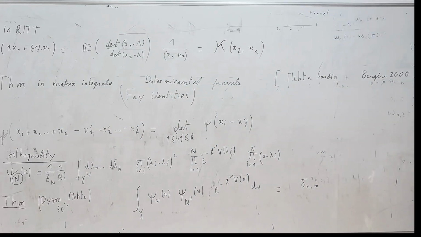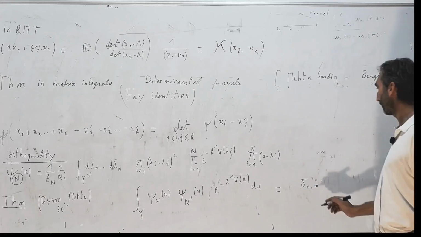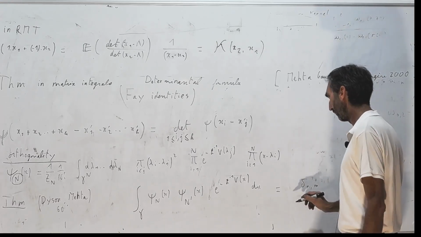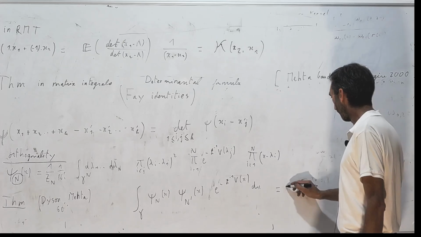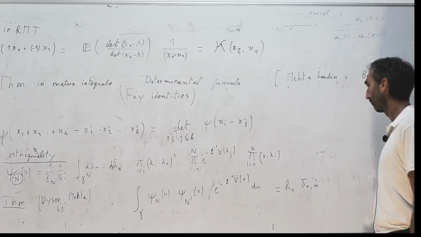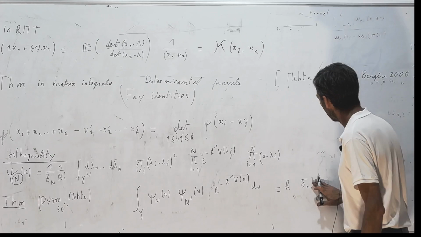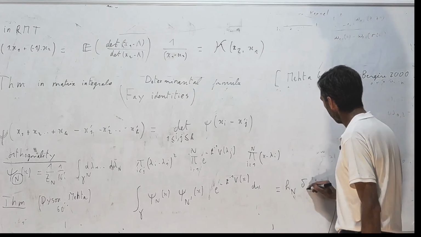And there is a proportionality constant that I think they call h n, h n delta n n prime.